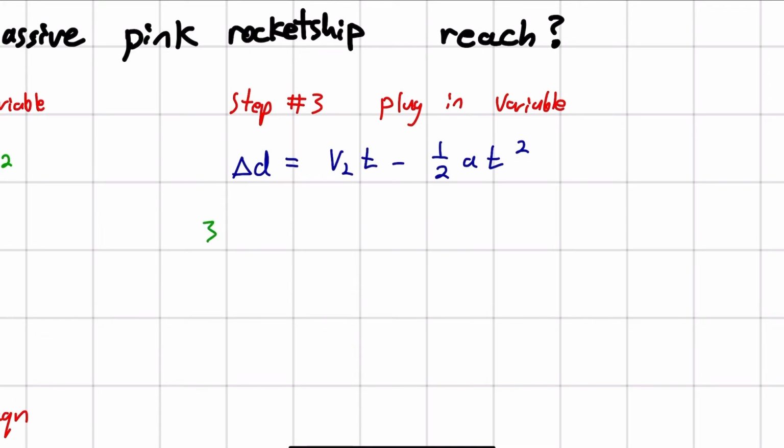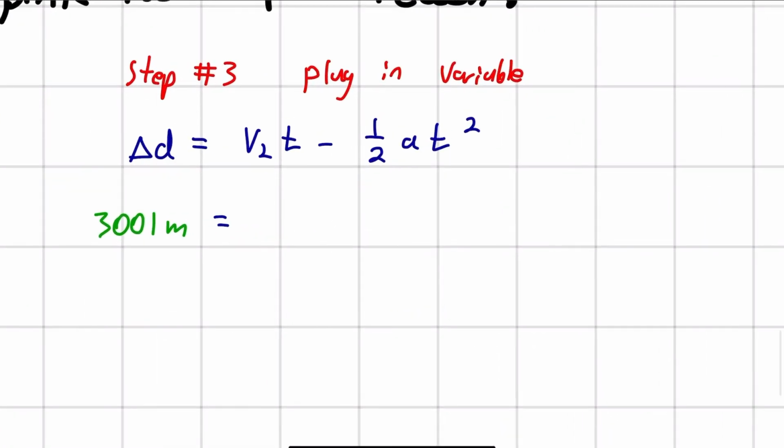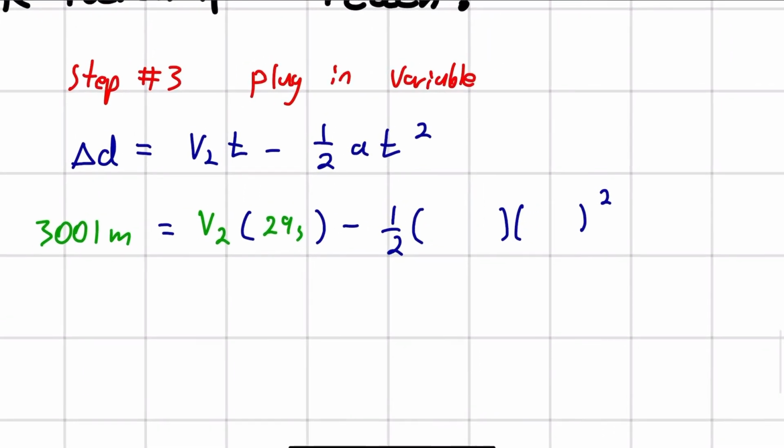So what is our distance? Well, it's 3,001 meters. Our final velocity, we don't know. That's what we're trying to find. And the time is 29 seconds. Then we have an acceleration and a time again. So time again was 29 seconds, and our acceleration is 28.4 meters per second squared.